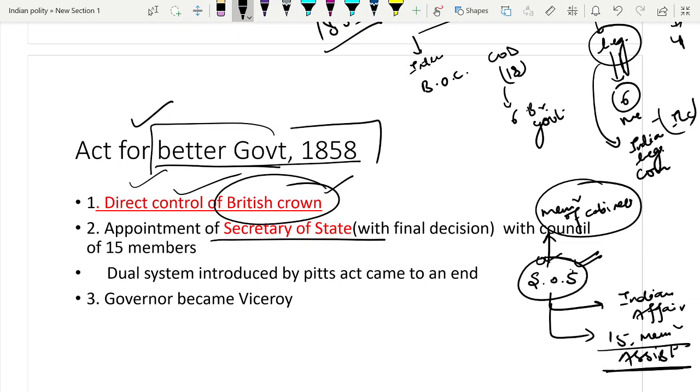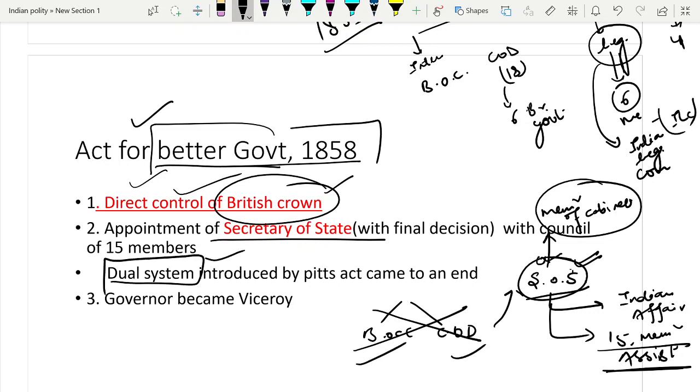It means the internal affairs which were earlier under BOC and COD were now eliminated, and the only post which was created was SOS, Secretary of State. It means that the dual system of BOC and COD came to an end after this act of 1858.